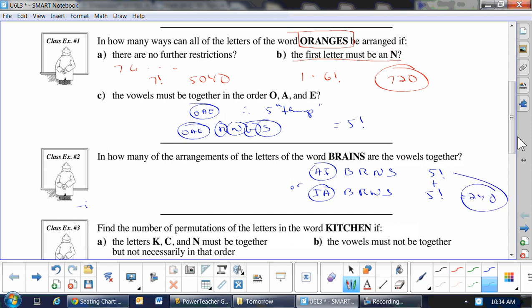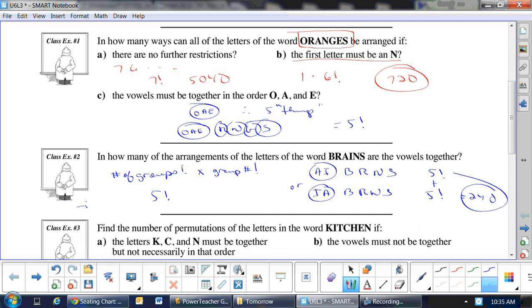Now here's the way I do these all the time. I go number of groups, factorial, times the group number factorial. So if there's 5 groups, I go 5 factorial.